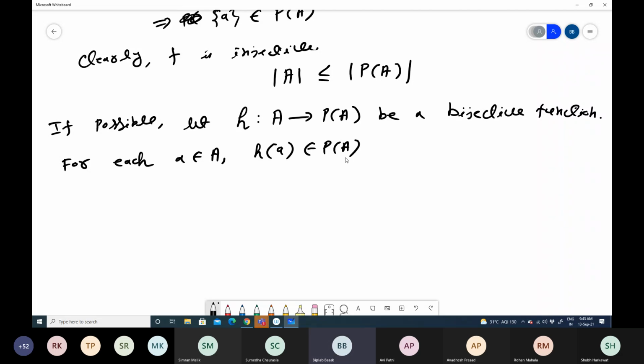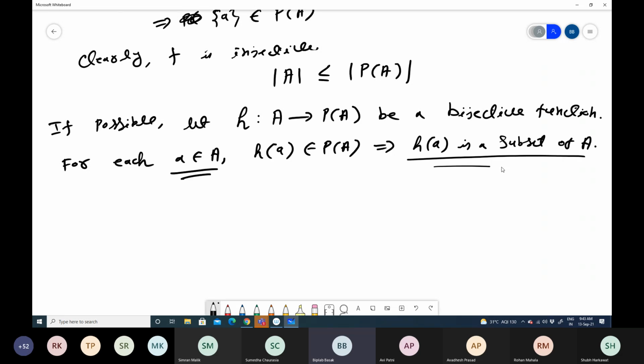That means H(a) is a subset of A. So a belongs to A and H(a) is a subset of A. So you have some cases: a may belong to H(a) or may not be in H(a).